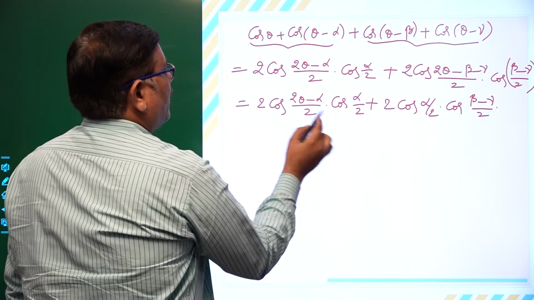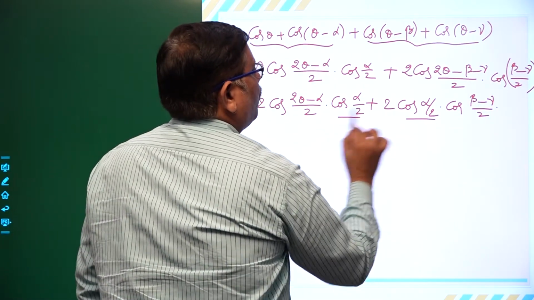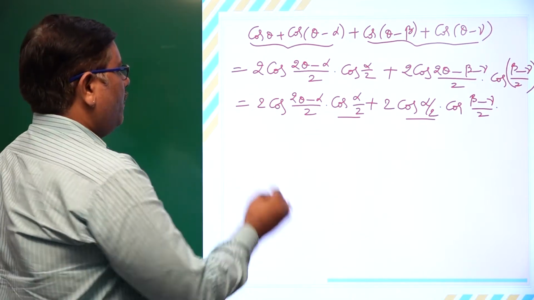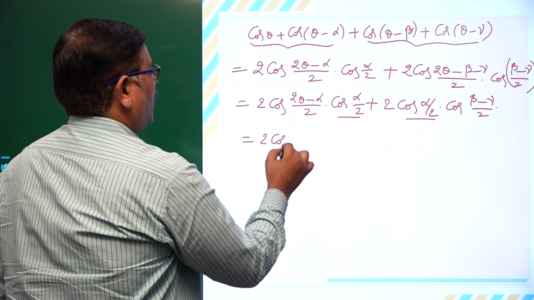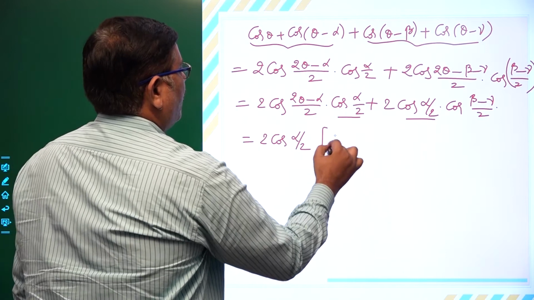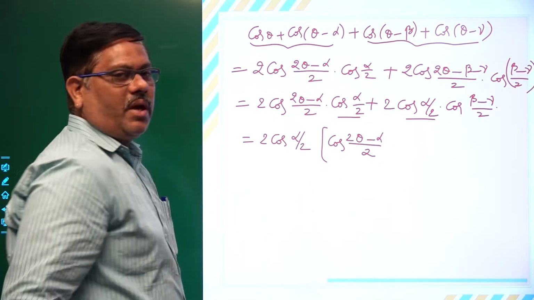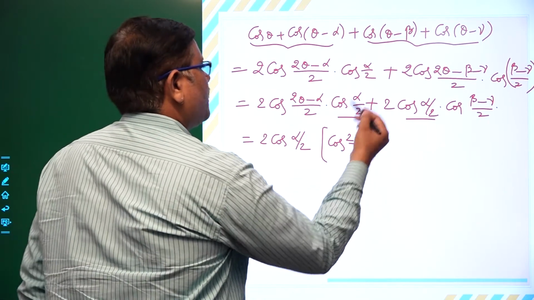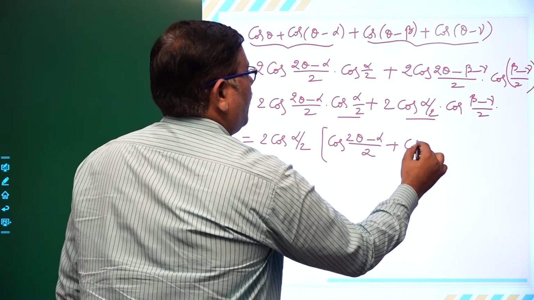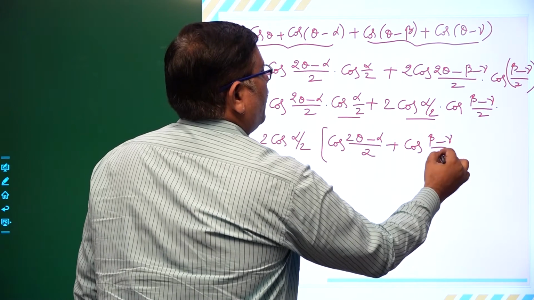Now this is the common term in both these terms, so we have 2 cos(alpha by 2) common. Then we are left with cos((2 theta minus alpha) by 2) plus cos((beta minus gamma) by 2).